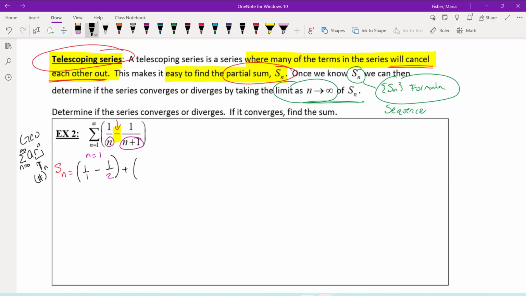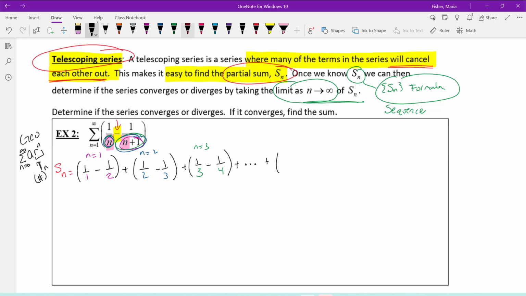And then plus, when n is equal to 2, it would be 1 over 2 minus 1 over 3. All we're doing is plugging in these numbers in place of the n's in our formula. Now when n is equal to 3, I'd have 1 over 3 minus 1 over 3 plus 1, which is 4, plus dot dot dot plus.